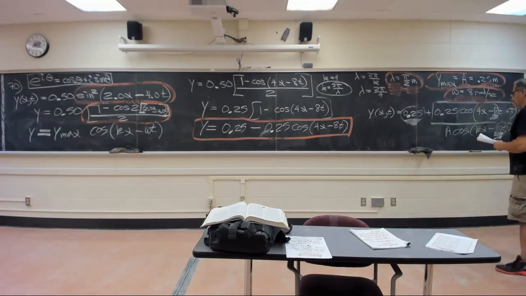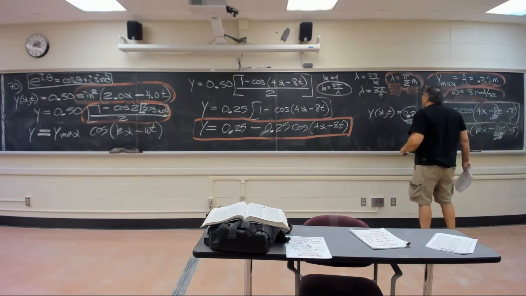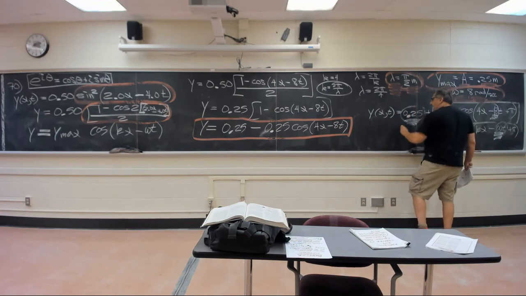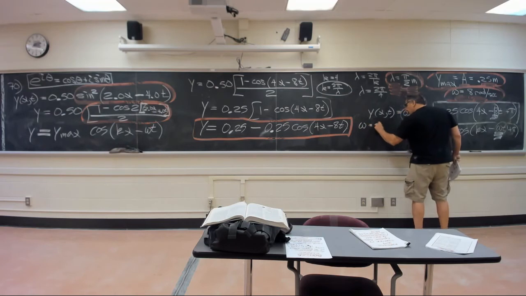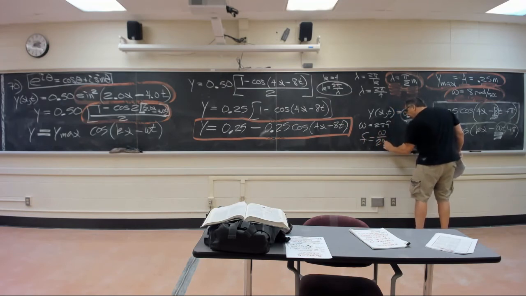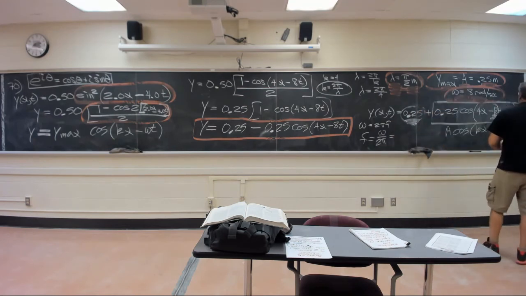Yeah, true. They want to know what the frequency is. Okay. If they want to know what the frequency is, we know that omega is 2 pi f. It's also 2 pi over capital T. If we divide by 2 pi on each side, f is equal to omega over 2 pi. What's omega? They just told us what omega was.